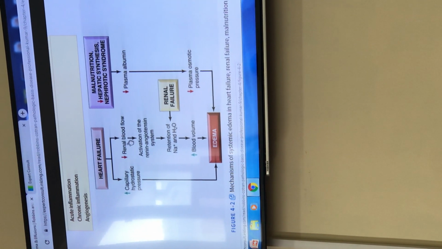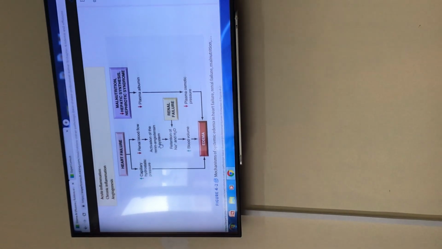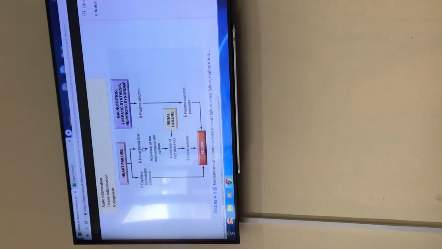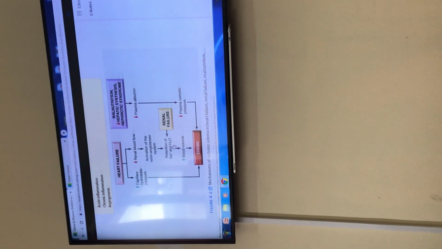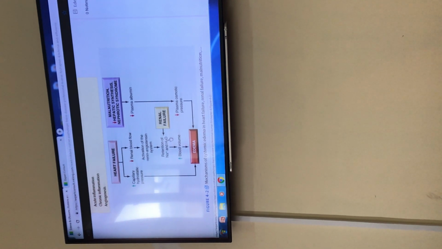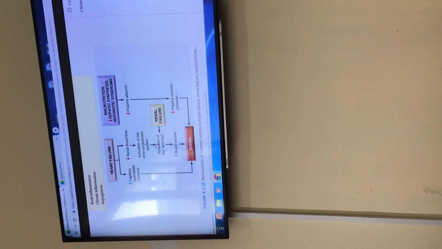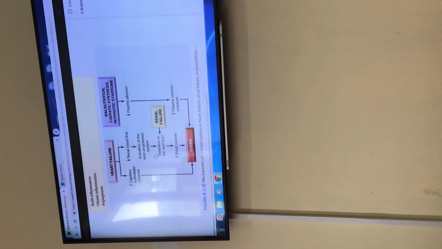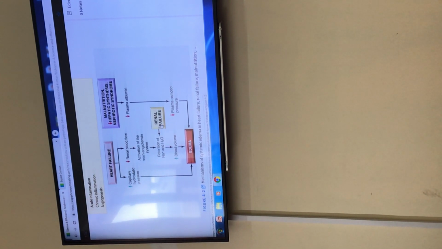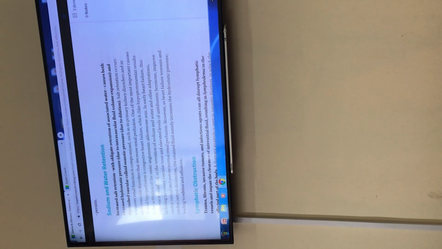In heart failure, there is low perfusion of the kidneys, so there is activation of the renin-angiotensin system, and by its activation there will be retention of sodium and water. Also, renal failure can cause this retention. So, as we said, renal failure and heart failure can both cause sodium retention. So we explained these things.